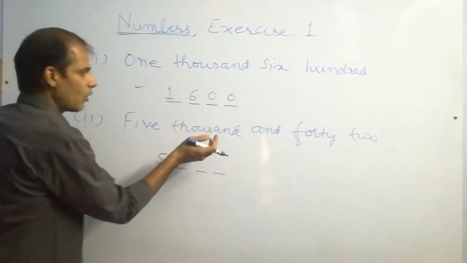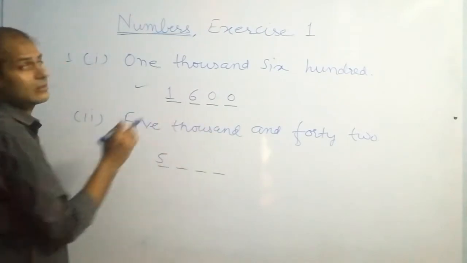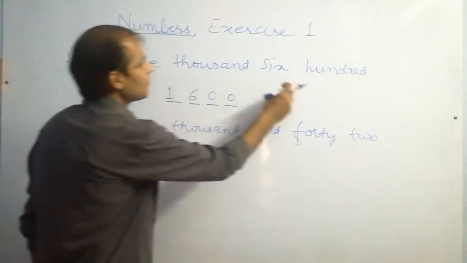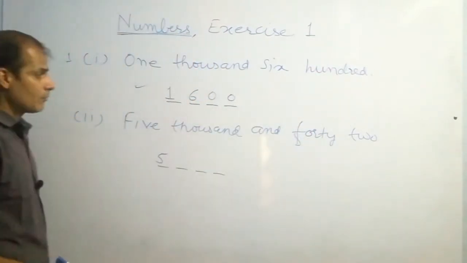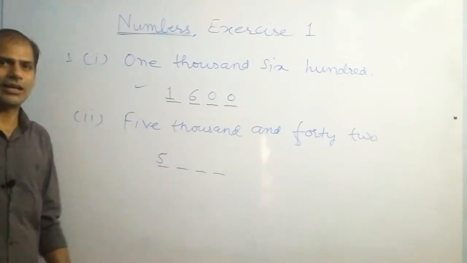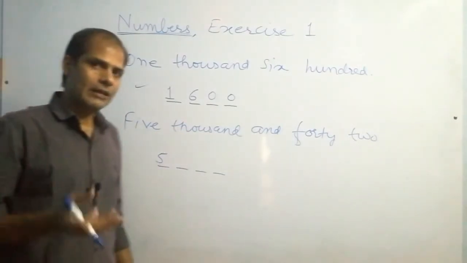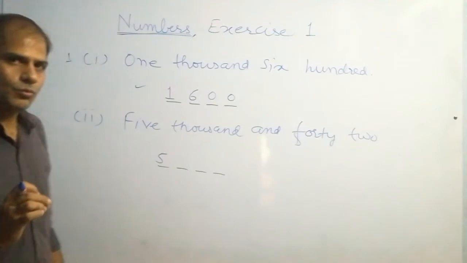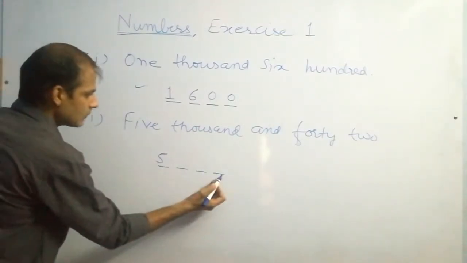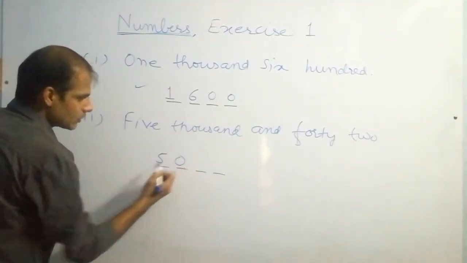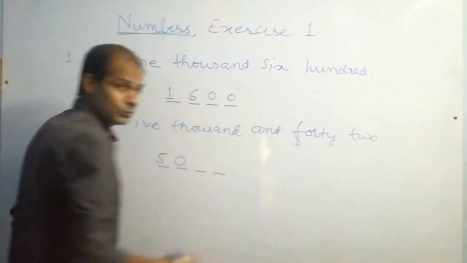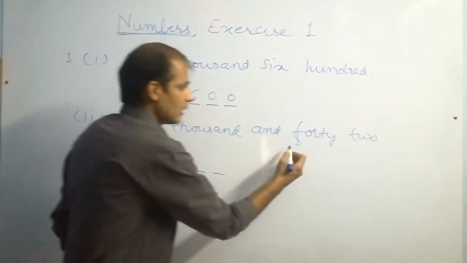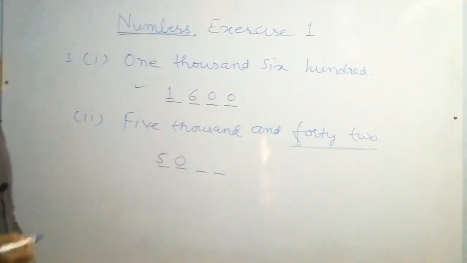It means no hundreds is there. As you can see that in first part there was 100, but in this part there is no 100. So at the place of 100 we will write 0. Okay. So ones, tens, hundreds we will write 0, and next is 42. As you know, it is a 2-digit number, 42.